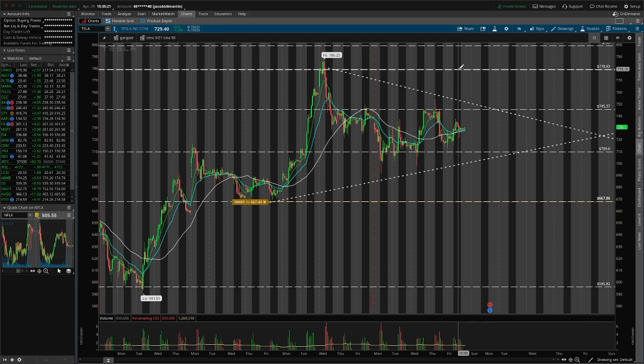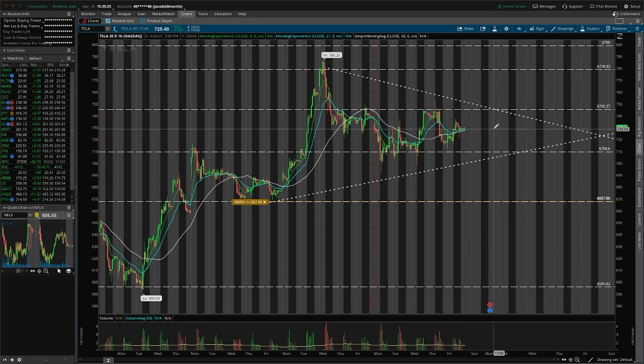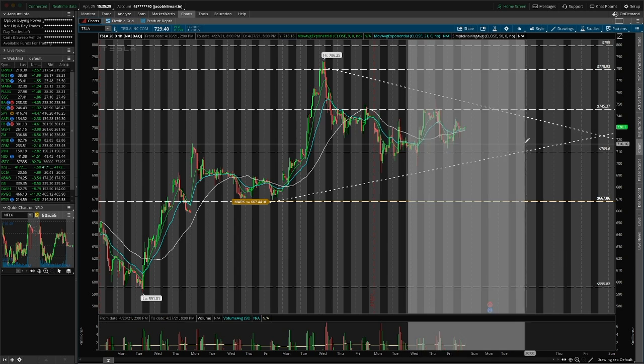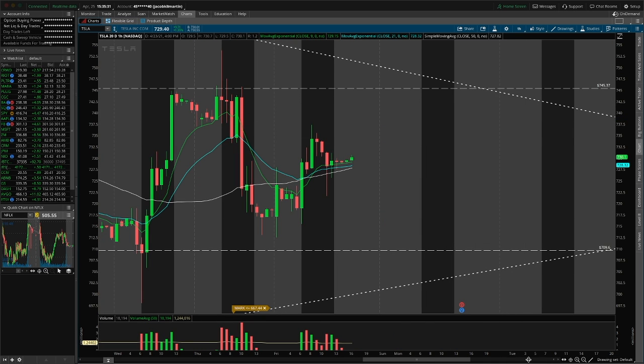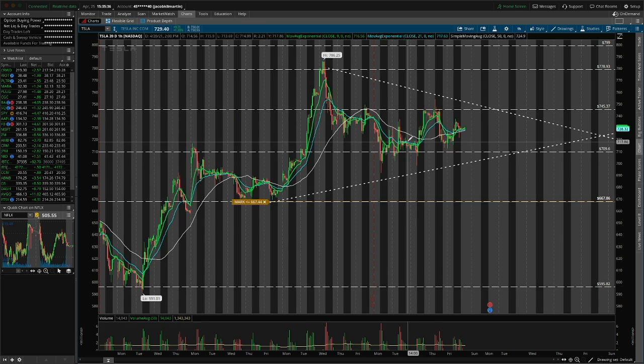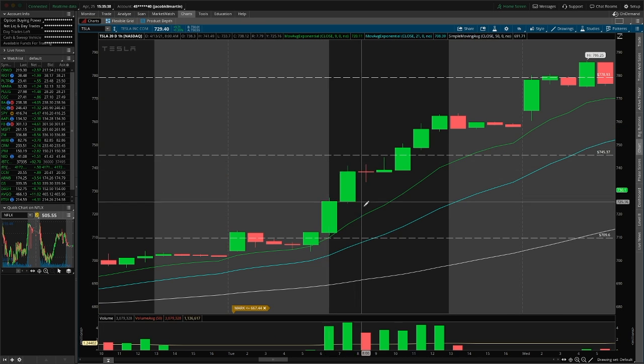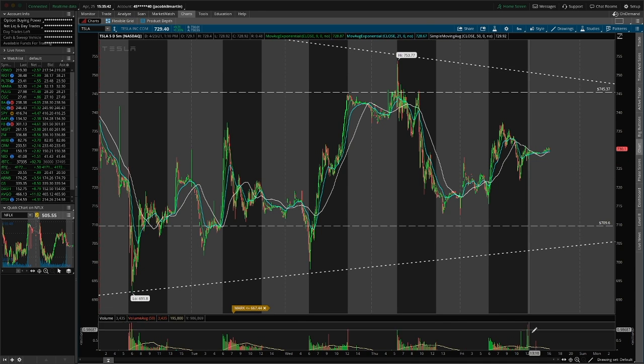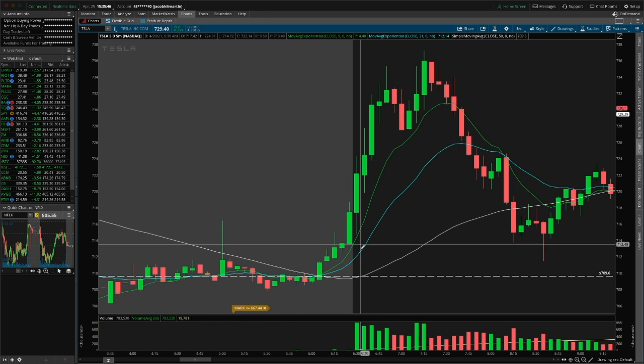So if SPY is bullish and we see some green volume in Tesla, I'm bullish in the morning to 745 right at open. If I see green building up like this in the morning, I'm buying calls.